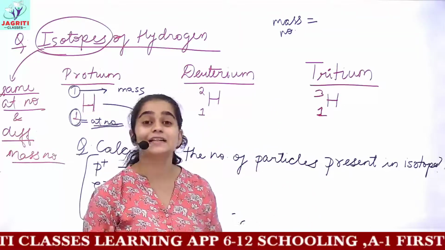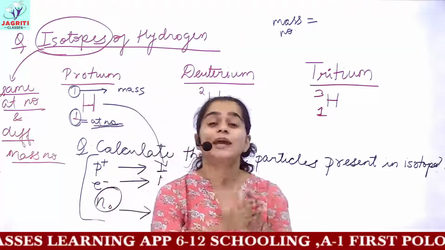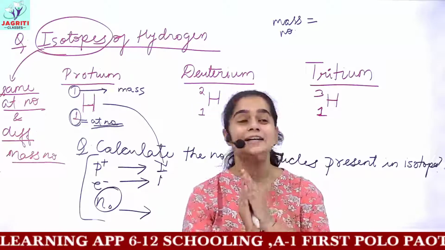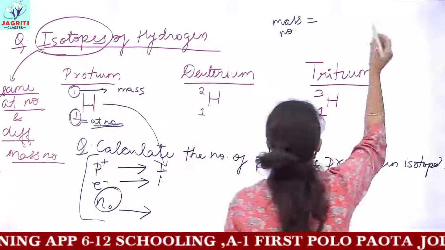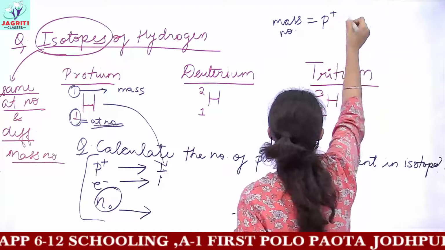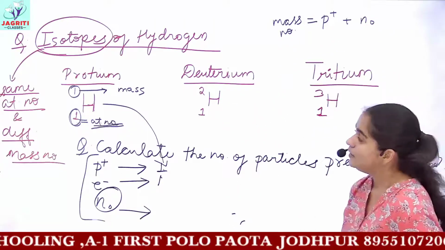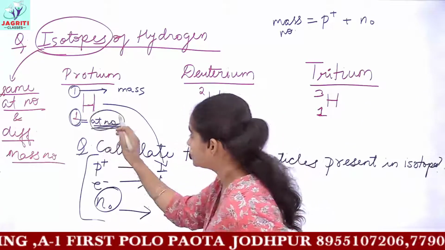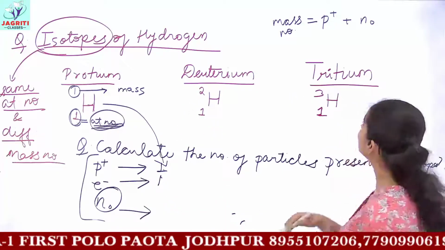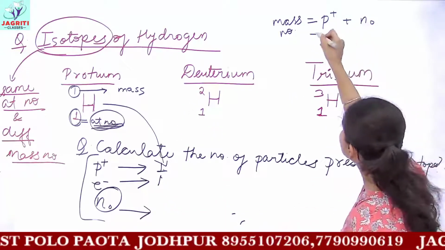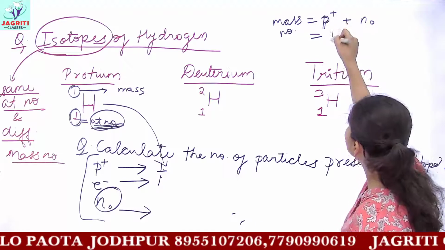Nucleons is the term which refers to the number of protons and neutrons together. So mass number is equal to the sum of protons and neutrons present in your atom. Now atomic number shows you the number of protons, so the number of protons present in this protium isotope is 1.